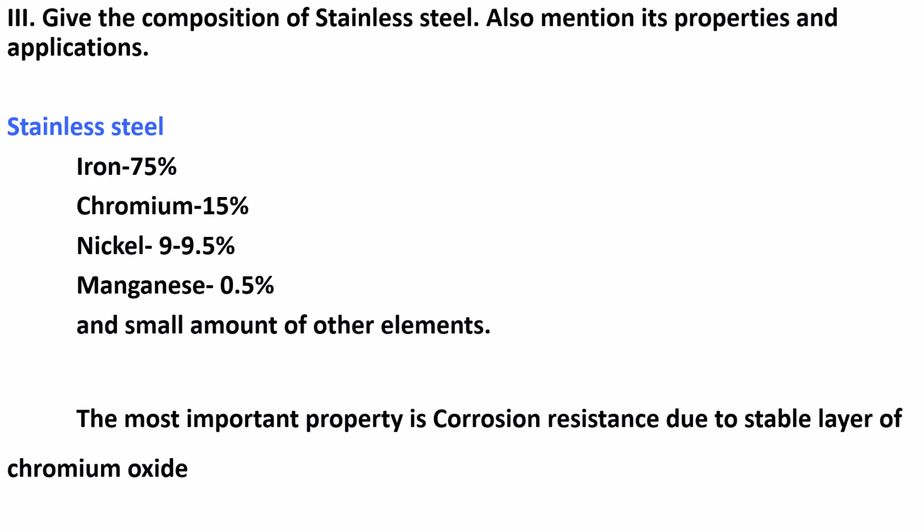Stainless steel's most important property is corrosion resistance due to a stable layer of chromium oxide. Here you can see we are adding nearly 15%, that means at least about 12% of chromium, that will be creating this stable layer of chromium oxide which creates the corrosion resistant property. That is why this type of steel is called stainless steel.